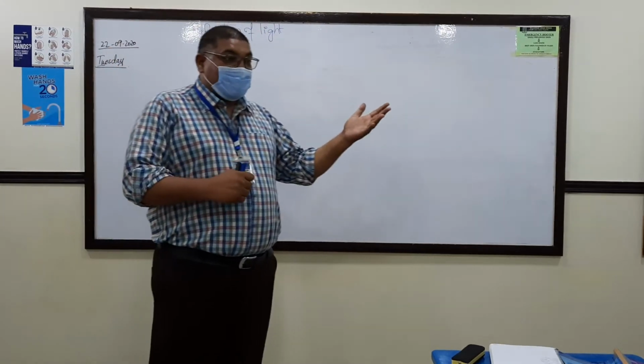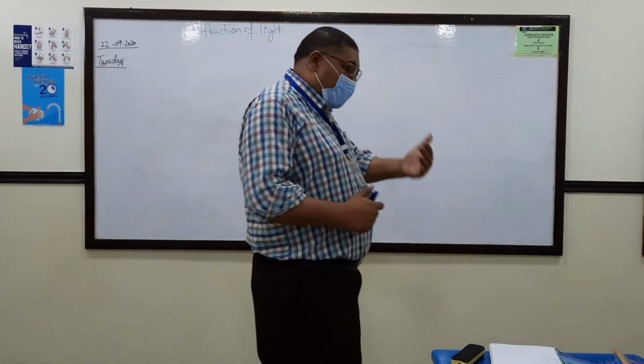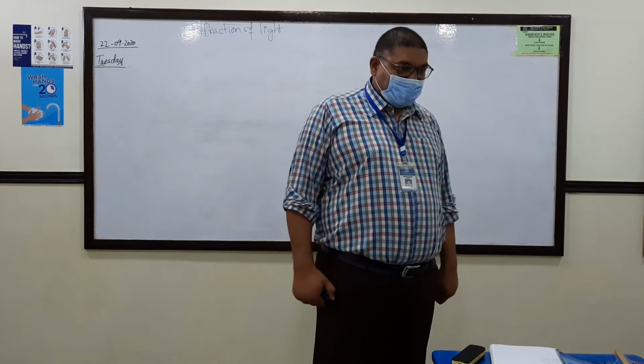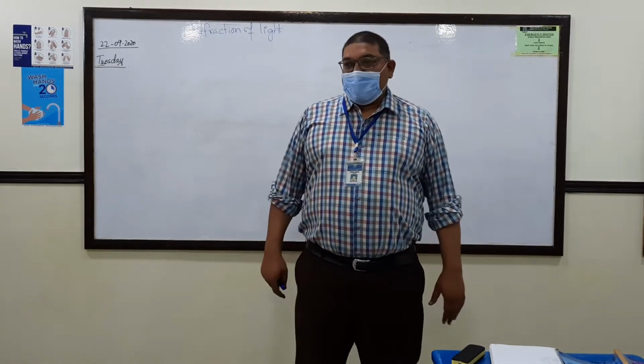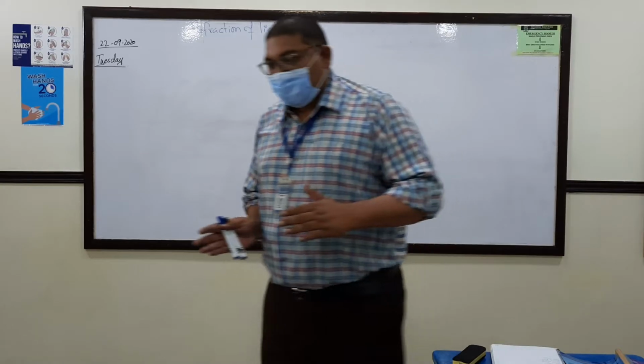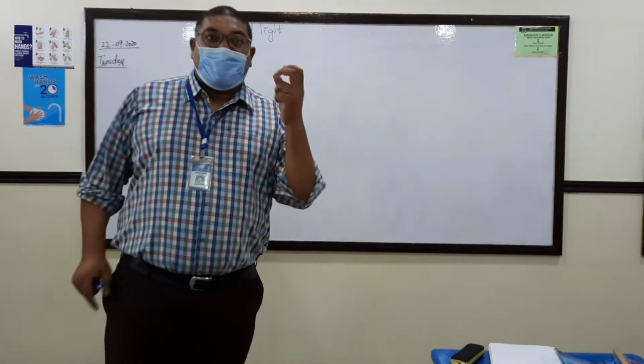So the medium is changing. When the medium changes, the direction of the travel of the light also changes. The light will change its path. It's going this way and then it goes this way. So you see the light changes its path. This is called refraction.